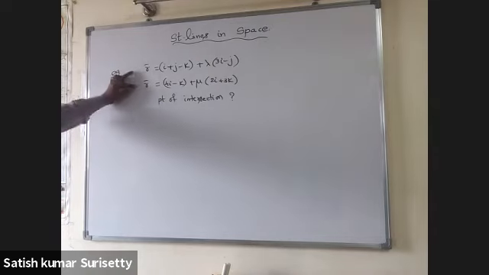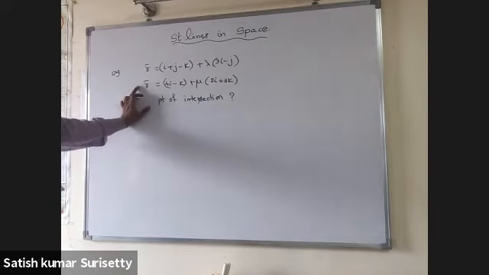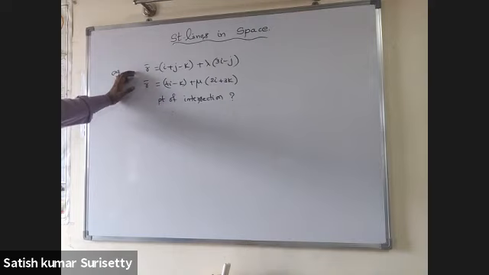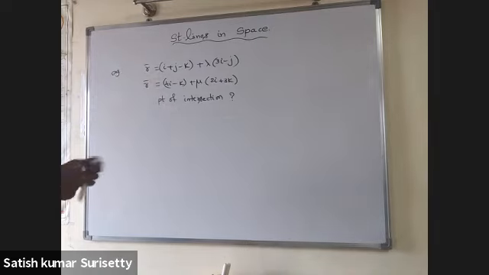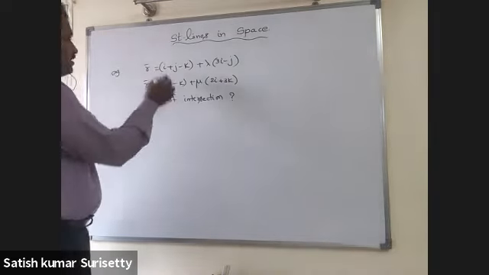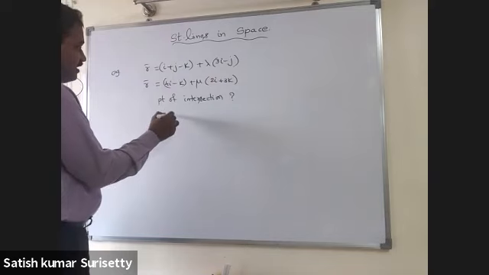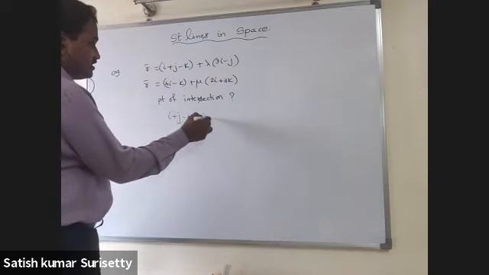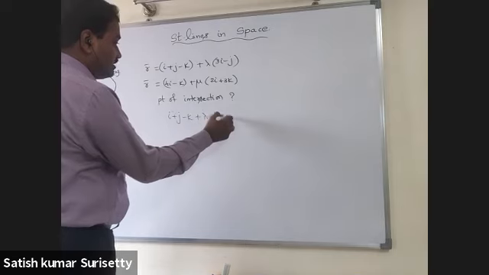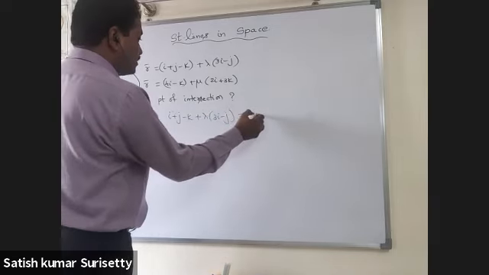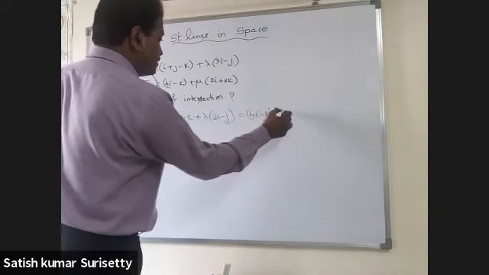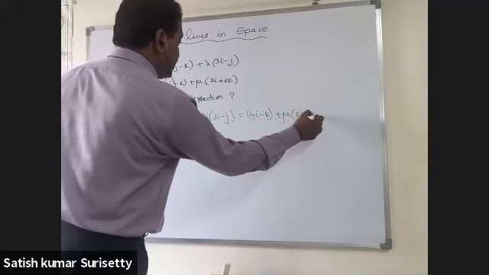Show that the lines intersect and find the point of intersection, in vector form of a line. Equate r bar: i plus j minus k plus lambda into 3i minus j, equal to 4i minus k plus mu into 2i plus 3k.